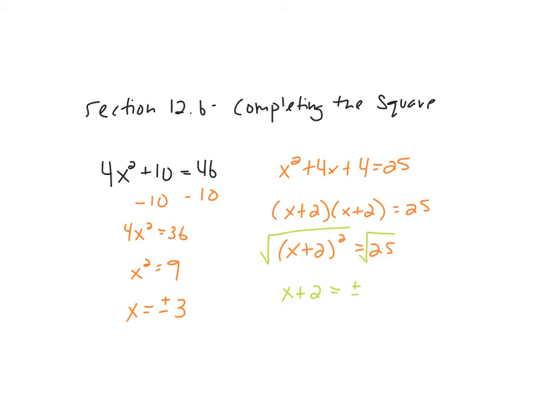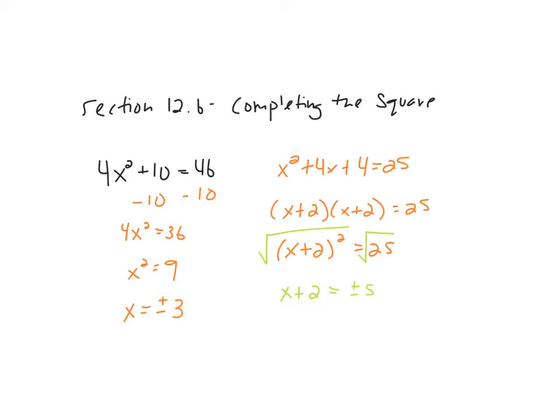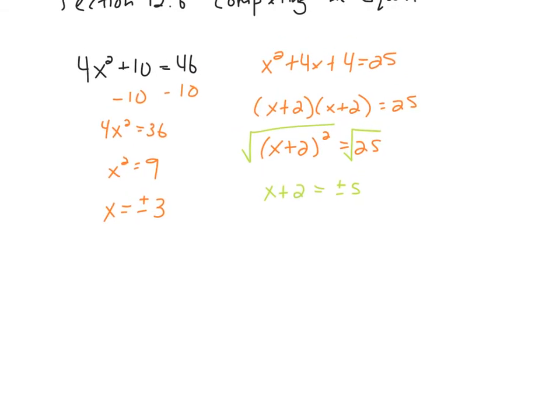The two pieces are x plus 2 equals 5 and x plus 2 equals negative 5. Then I can solve both. Subtract 2 on the first one, x equals 3. Subtract 2 on the second one, and x equals negative 7.